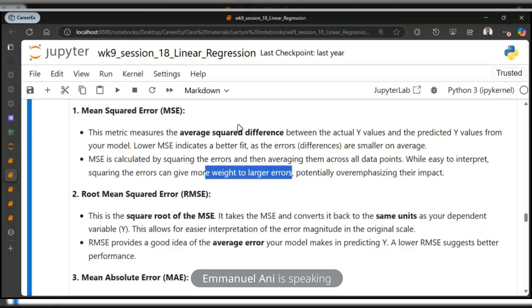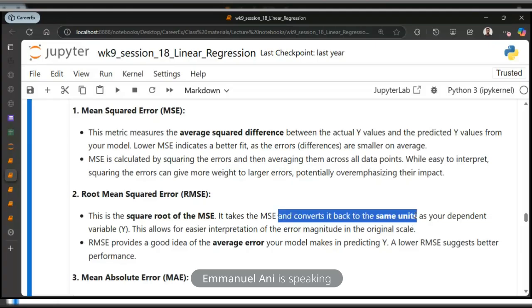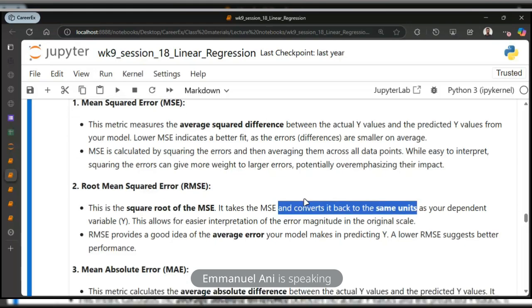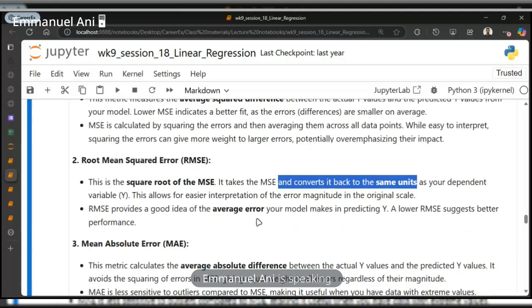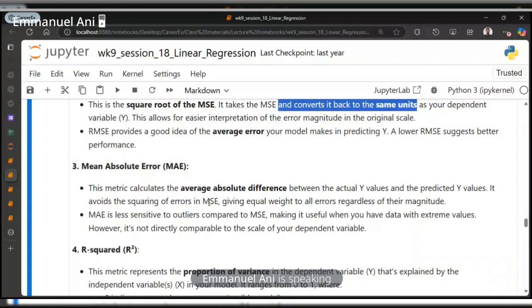If you have that larger error, it escalates it by squaring it, right? Root mean squared error basically brings it back, reducing the impact of that magnitude, and gives you an easier interpretation. While mean absolute error doesn't square at all, it just gives you the absolute difference as it is, all right?